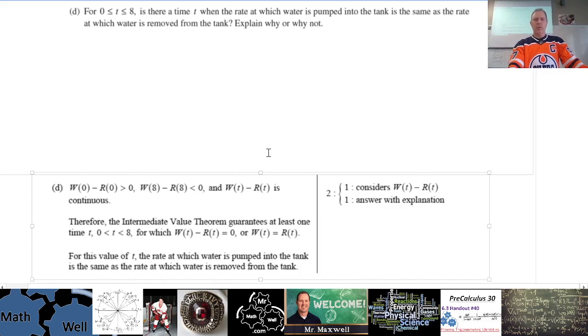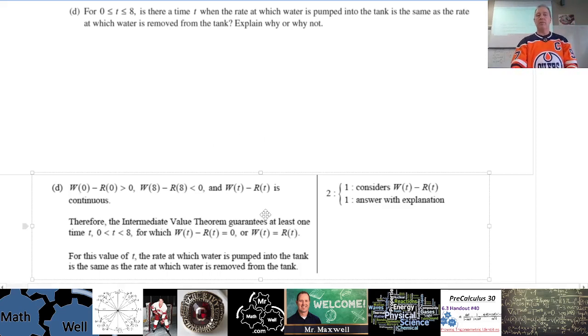Okay, so what do they have here? The rate at 0 of going in and going out is greater than 0. So at the beginning, there's more water being pumped in than water being removed. So the angle that they took here, which I can't get on the same screen very well, sorry, is that at the beginning, the rate was, and I guess what you could do is graph each one.